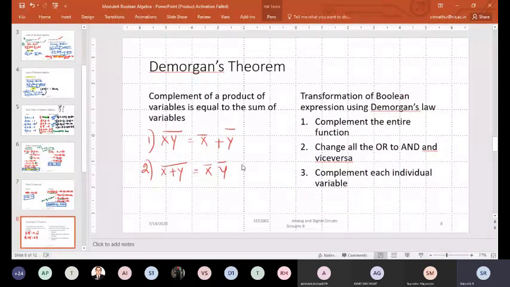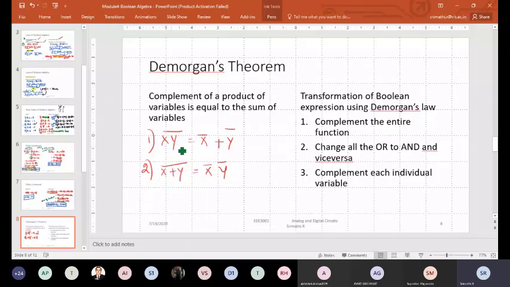Then De Morgan's theorem. De Morgan's theorem also will be used for simplifying your logical expression. The complement of a product of variables is equal to the sum of the complements of the variables.